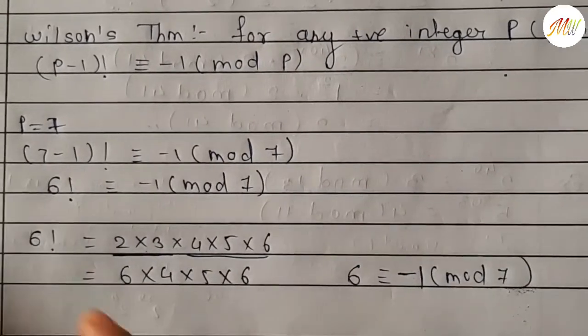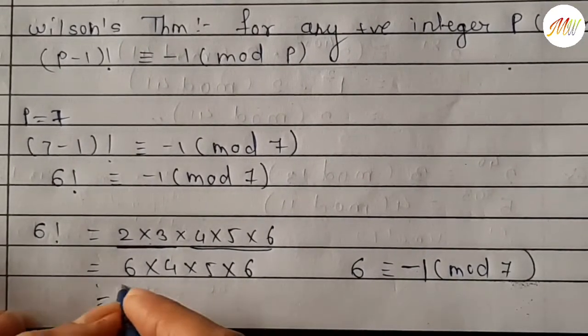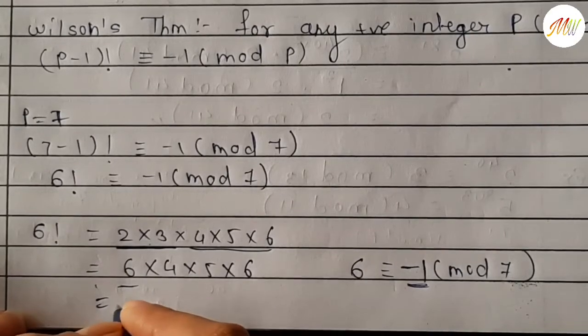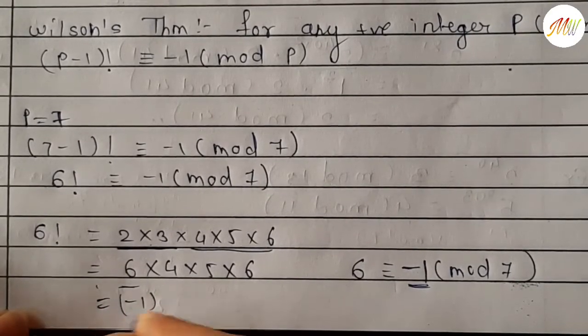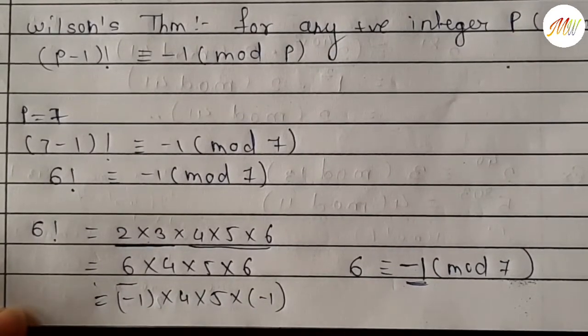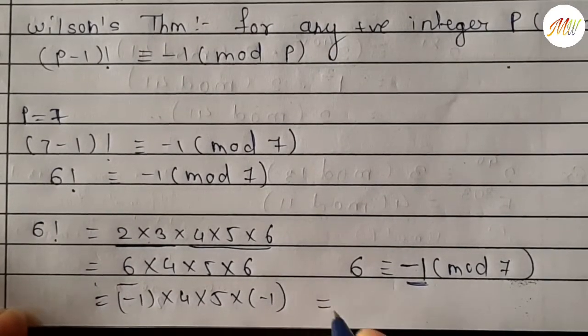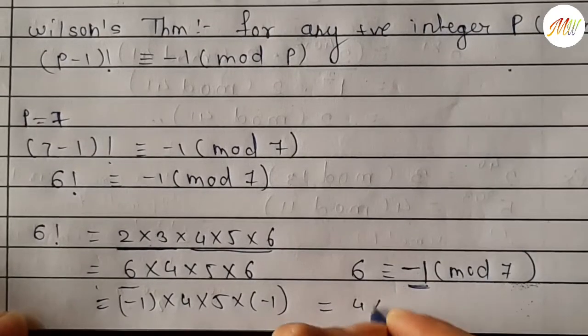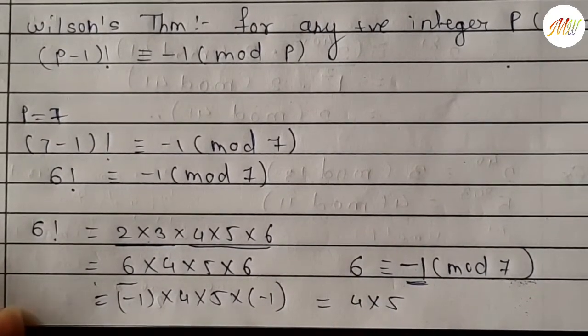Okay, so here we write 6 is congruent to minus 1, so we write here minus 1 into 4 into 5 into again minus 1, which is equal to 4 into 5.